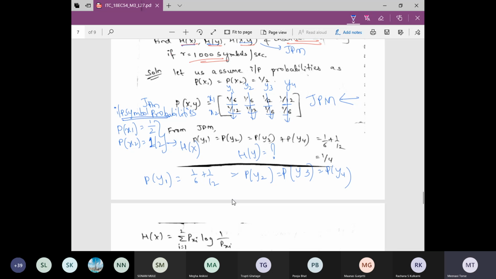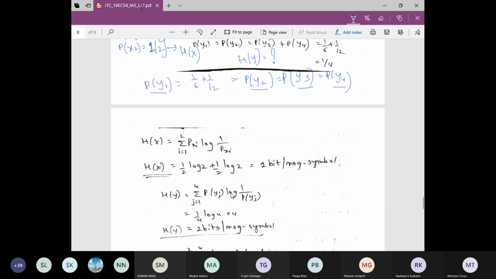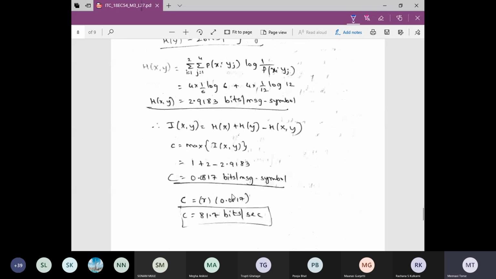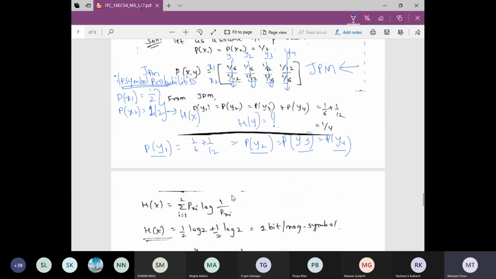By adding column-wise elements, we can compute the probability of the output symbols, which gives us 3 by 12, nothing but 1 by 4.